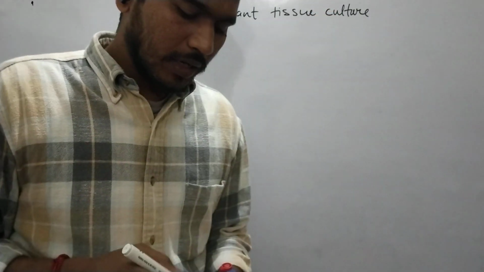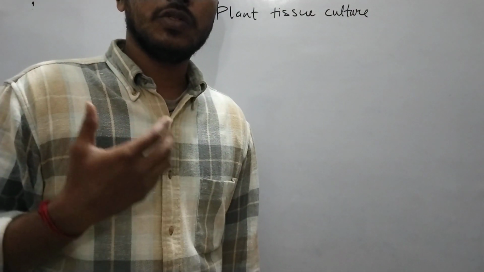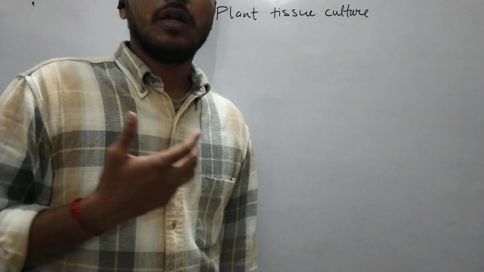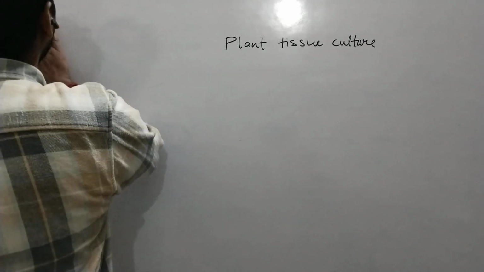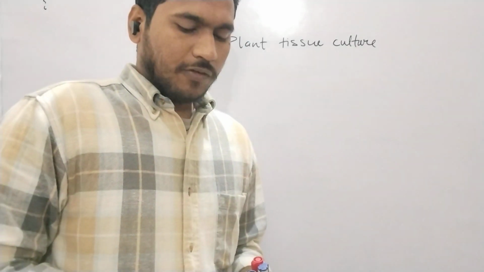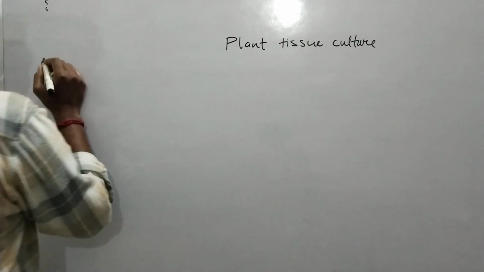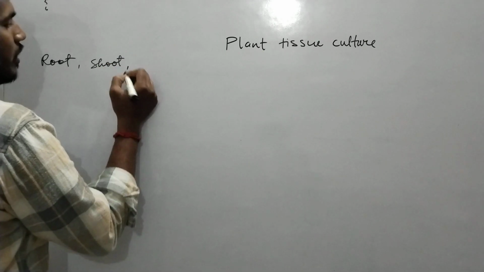In plant tissue culture, we will take any cell, tissue, or organ of root, leaves, shoot, or other parts of a plant.